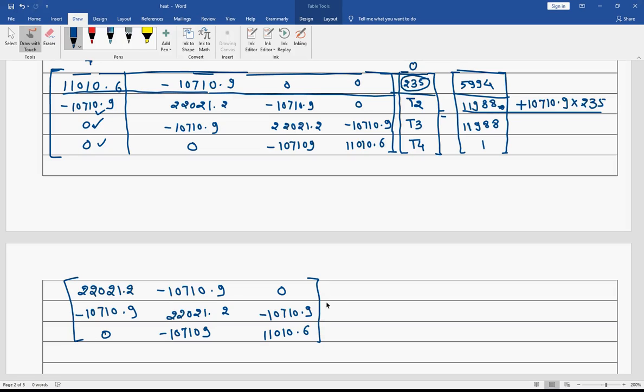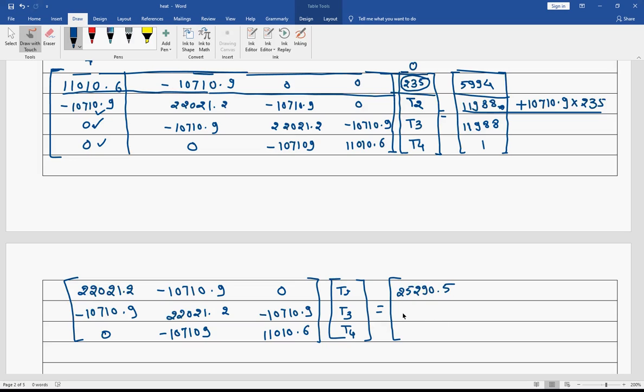So this is my matrix. I'll have here in this case T2, T3, T4. Okay, and this will be equal to 25290.5.